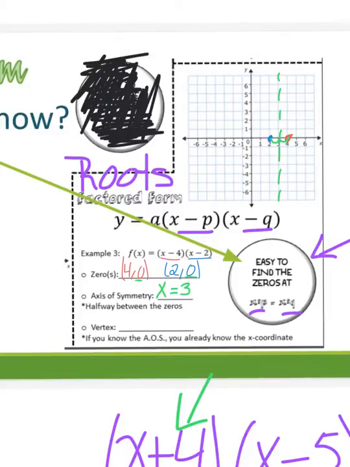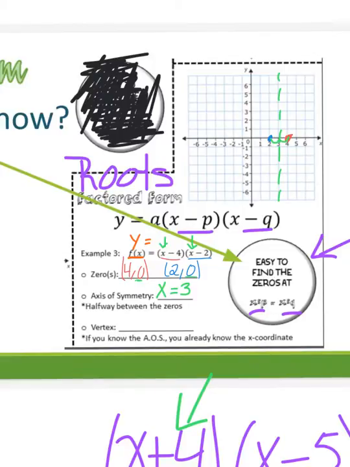And my vertex, if you know the axis of symmetry, you know the x-coordinate. So I'm going to plug in this 3 anywhere there's an x in my equation, and whatever number I get would be my y value. And I know it's my y value because f of x is another way of saying y equals. That's kind of how we explain it in Algebra 1.